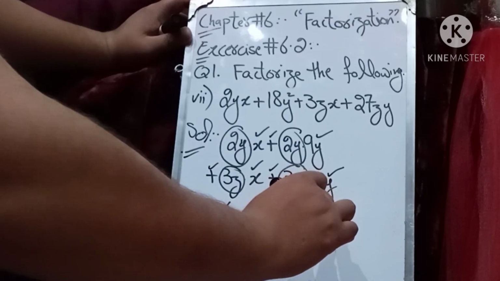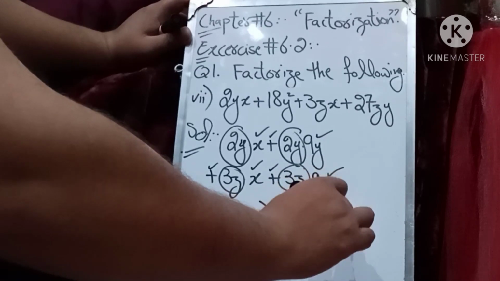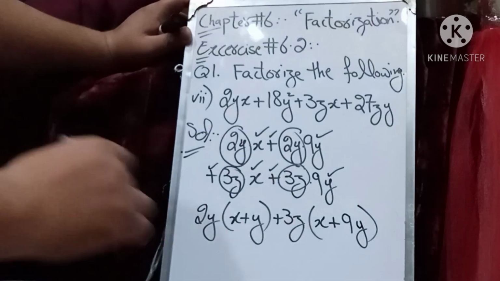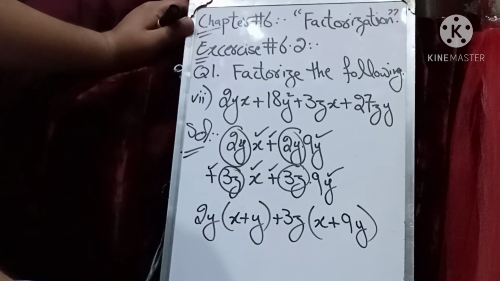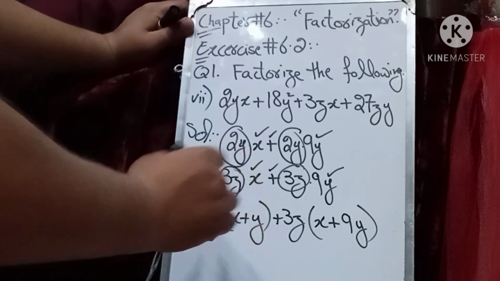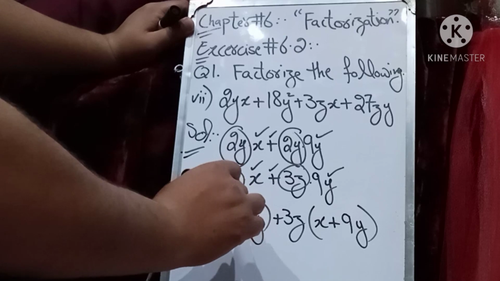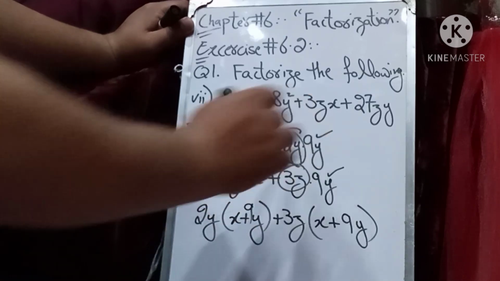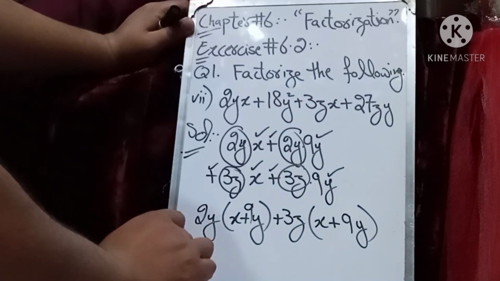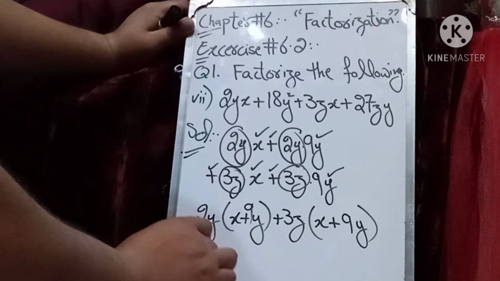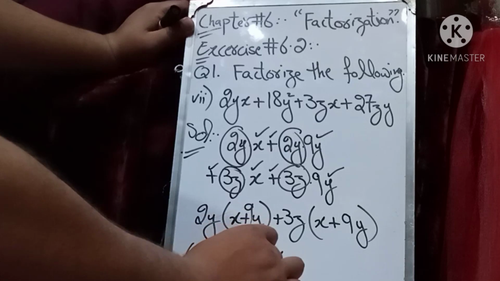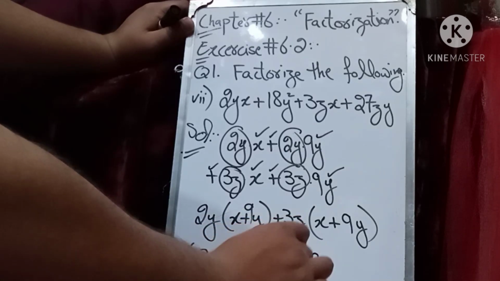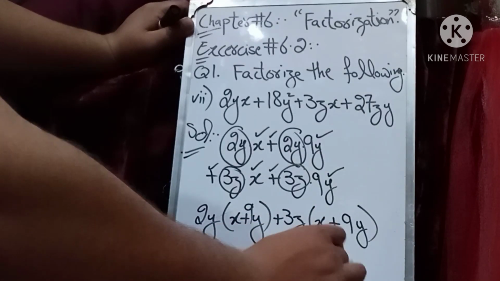So we again got two factors. One is 2y plus 3z, and the second one is x plus 9y. This is our required answer.